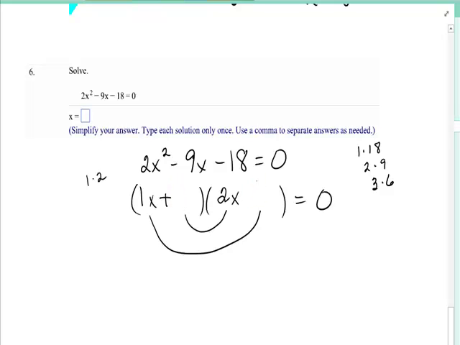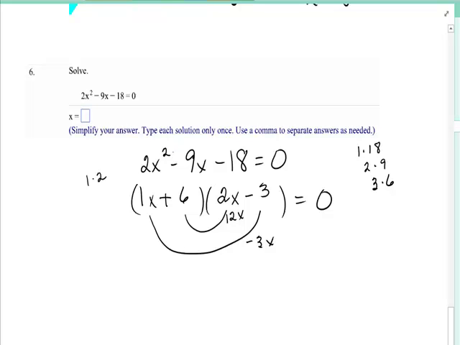So let's exchange them. Let's put the 6 here and the 3 here. That gives me an outer product of negative 3x and an inner product of 12x. And 12x minus 3x is 9. I've got the right number, but I'm getting positive 9.